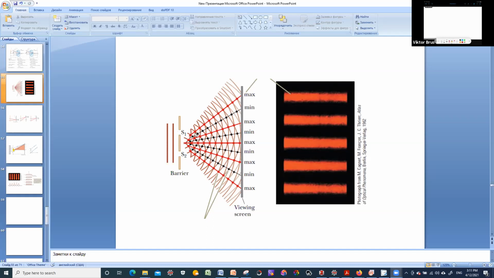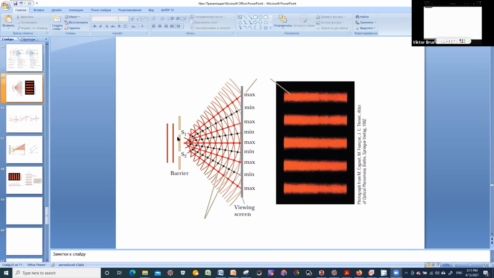We remember that according to ray optics, assuming that the diameter of the slit is much larger than the wavelength of light, then light will just go through it without any additional effects.